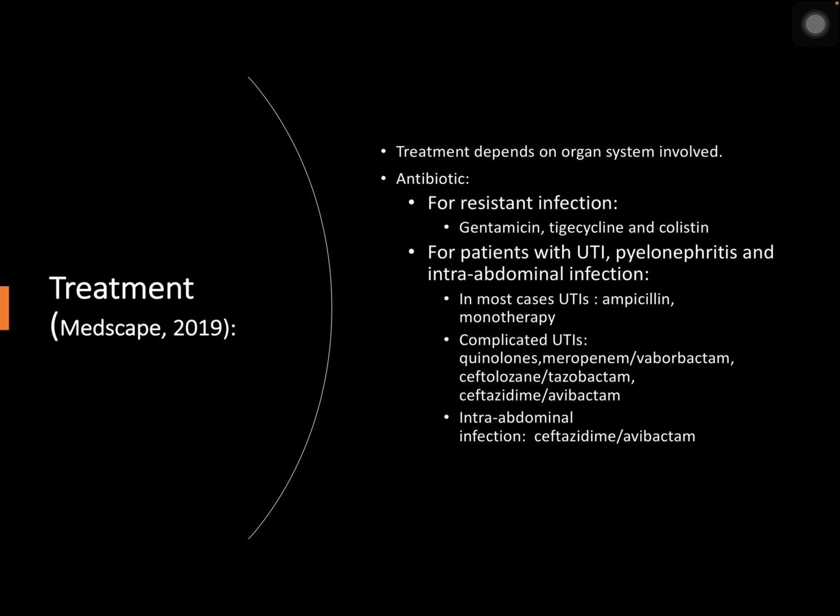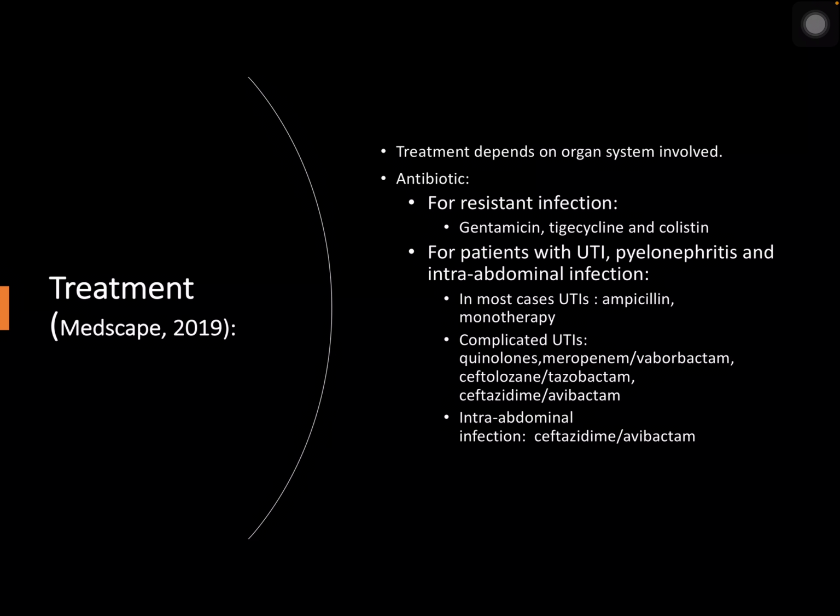So there are many treatments for Klebsiella pneumoniae, but the treatment has to depend on the organ system that is involved, and the lab test must be done in order to find the right antibiotic to cure Klebsiella pneumoniae infection. So for resistant infection, the patient could use colistin or gentamicin antibiotic to cure it.